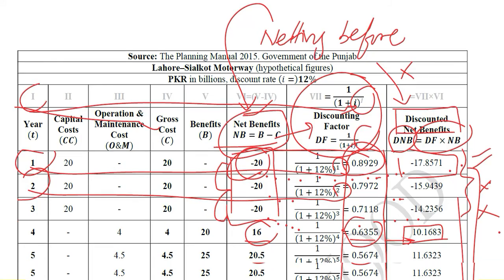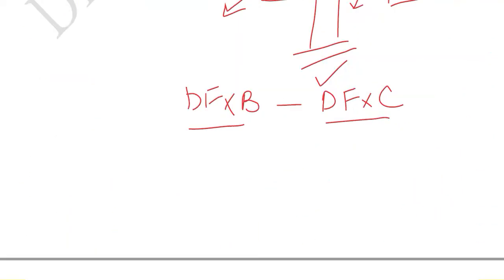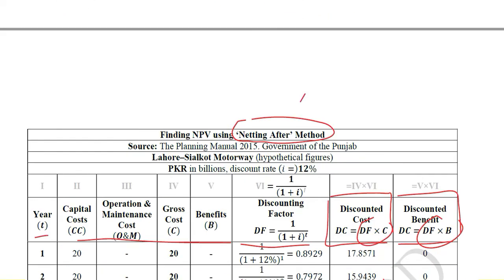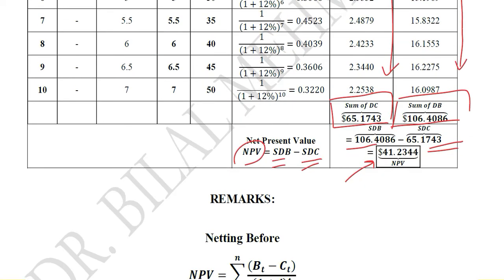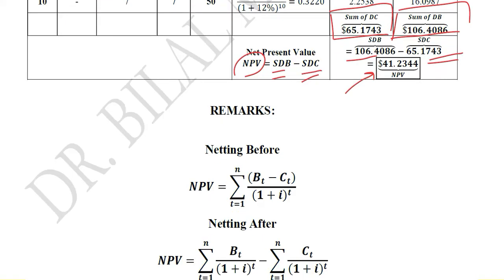So that is the netting before approach, and this is the netting after approach. These are two approaches. The answer will be the same, and in the background we have the distributive property that is used in algebra.